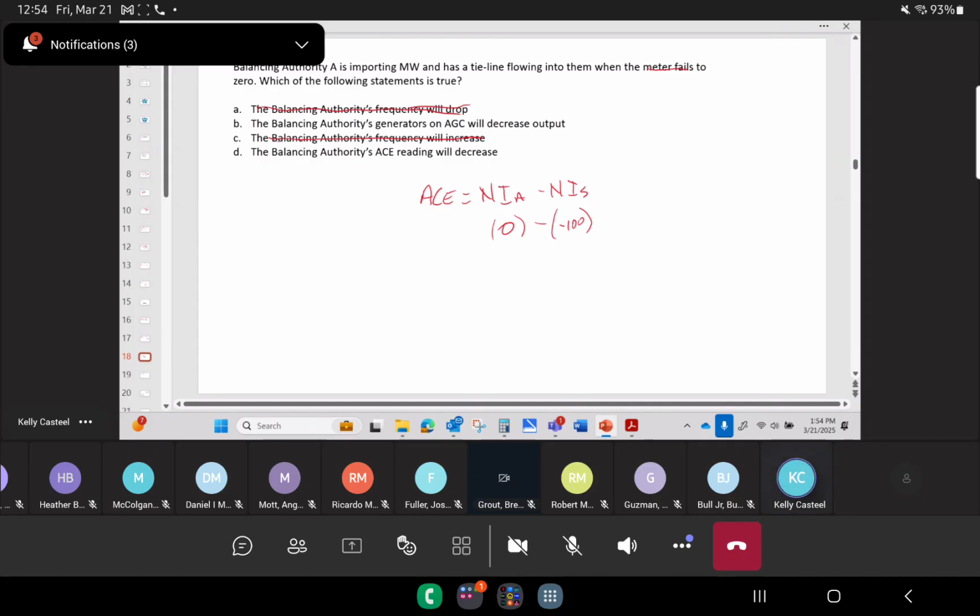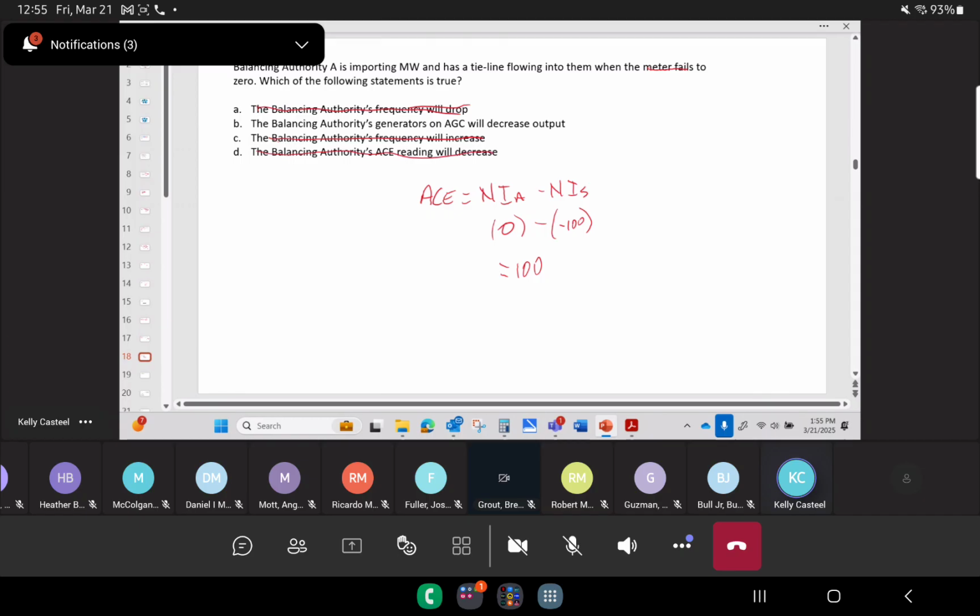Okay, so the meter failed, our net interchange actual goes to zero, because that's where we get that net interchange actual value from, from those meters. So it went to zero. Now we've got 0 minus a negative 100, which equals a positive 100. So our ACE would go to a positive 100.